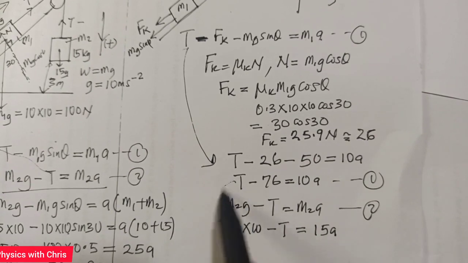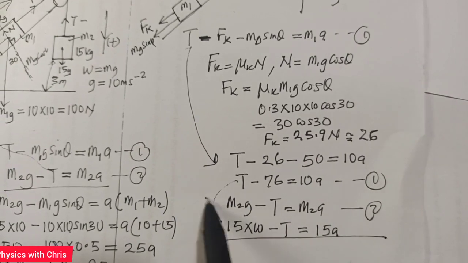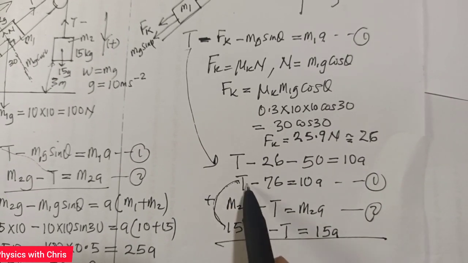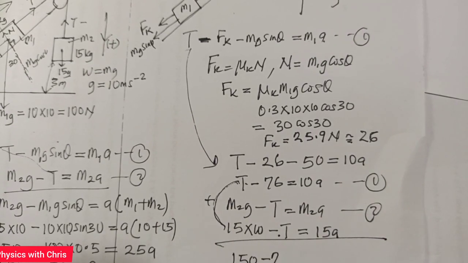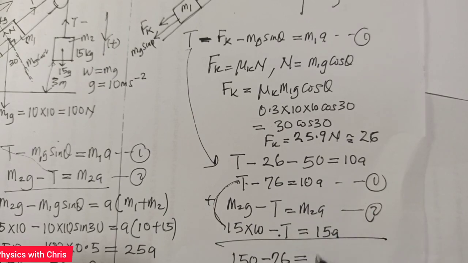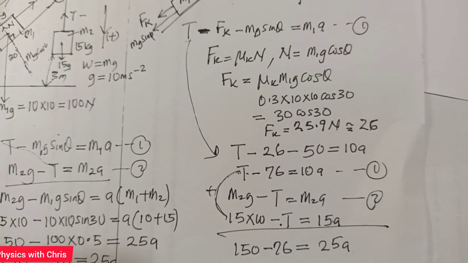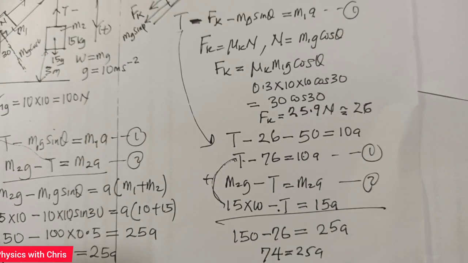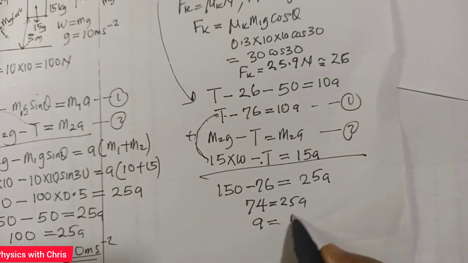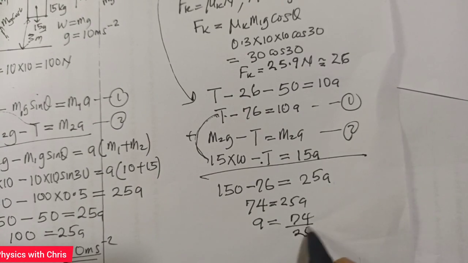So I'm going to add these two equations, so that T minus T is gone. I have 150 minus 76 is equal to 10a plus 15a, that is 25a. So 150 minus 76 gives me 74 equals 25a. So my common acceleration is 74 over 25.